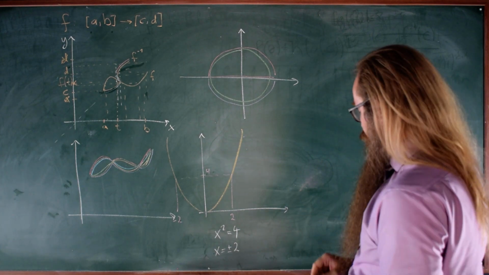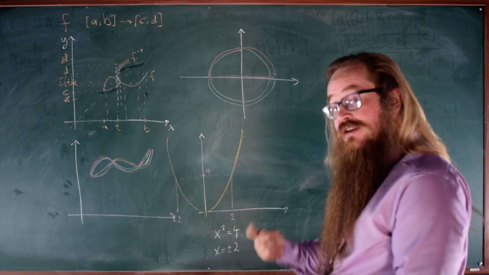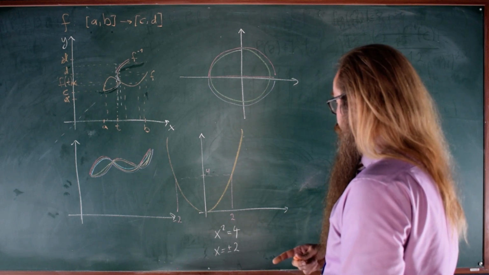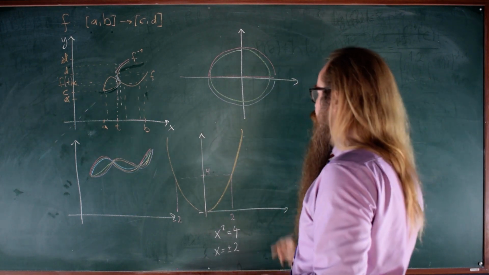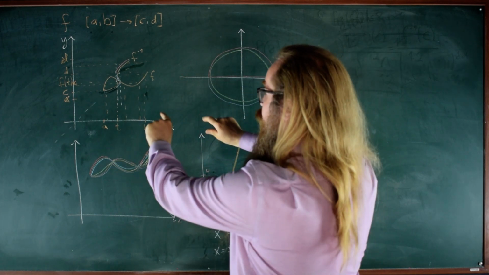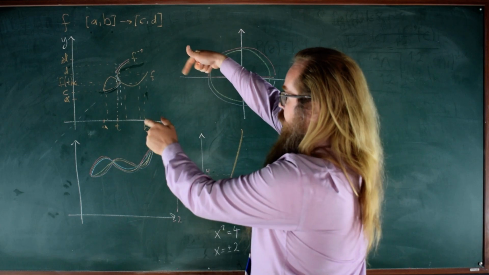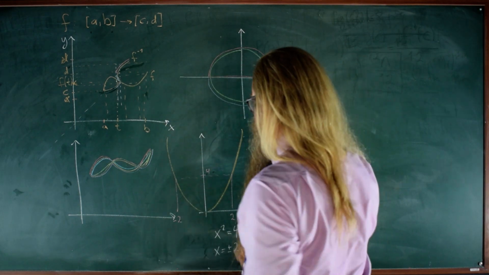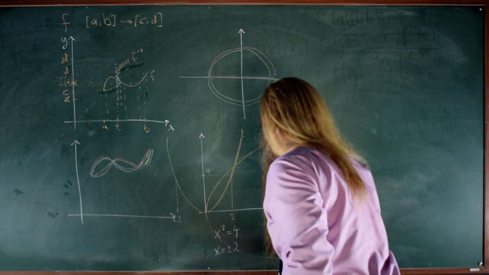What you're really doing here is you're actually finding the inverse. And what does the inverse of this function look like? Well, we talked about this earlier. You have to flip the x and y axes, which means a reflection in the diagonal there. So the inverse is going to look something like this.